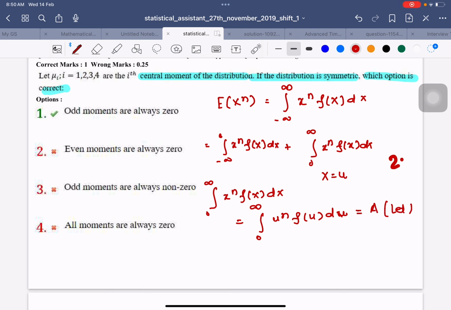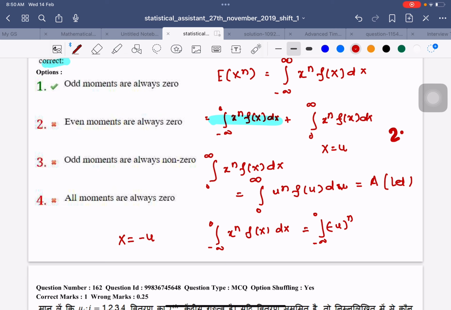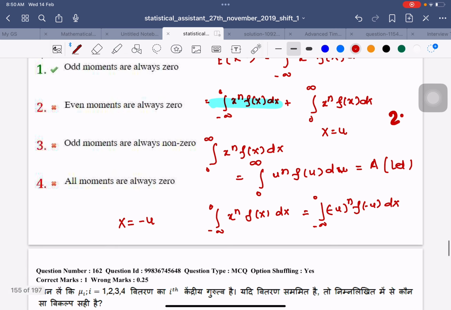Next, consider this part, the negative wala part, which is minus infinity to 0 of x^n f(x) dx, and now consider x equals to minus u. So here it is minus infinity to 0 of (minus u)^n f of minus u du. अब हमें ये पता है कि n is odd, हम odd के लिए consider कर रहे हैं.